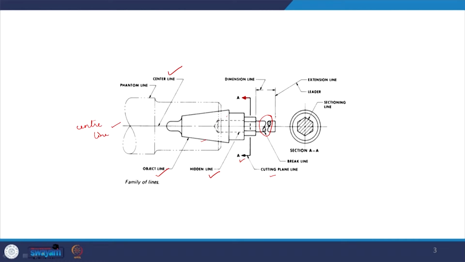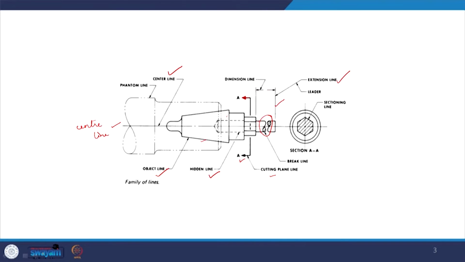Now, in case we have some dimensions to mention, suppose I have to mention the dimension of this piece even after it is broken, I will extend the edges of the object, which is represented through the extension line, and this is the dimension line.